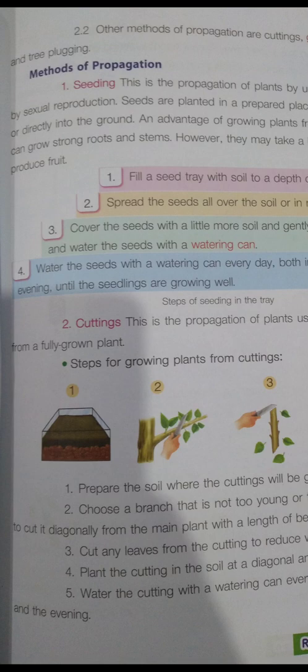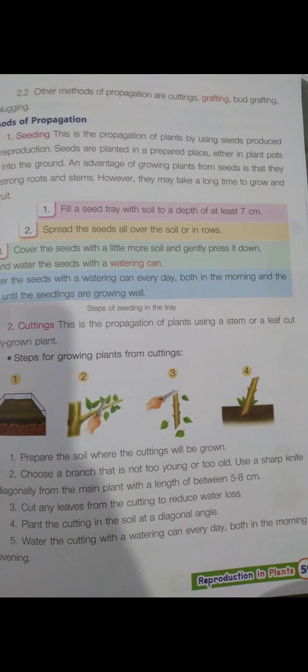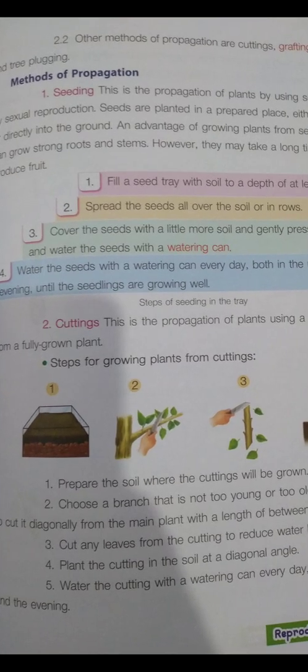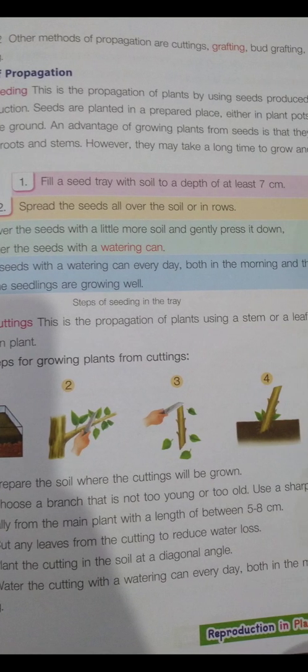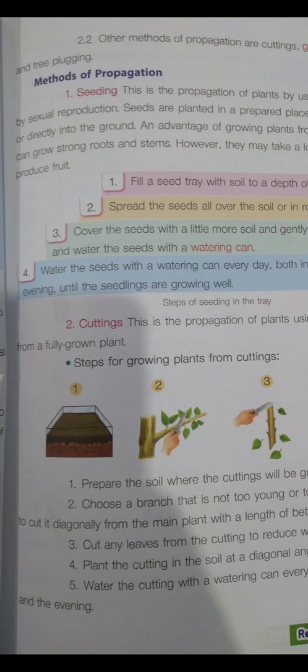So what are the methods of propagation? Seeding. This is the propagation of plants by using seeds produced by sexual reproduction. Seeds are planted in a prepared place, either in plant plots or directly into the ground.